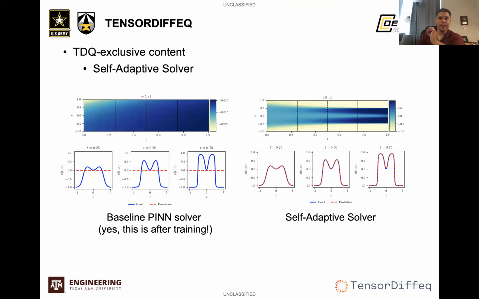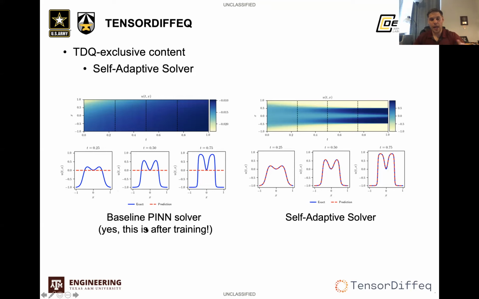So that residual is weighted by a certain amount, and as the training progresses, those weights are updated, and that allows the neural network to more accurately approximate a solution, because the weights are driven by the magnitude of the residual. So if there's a high residual at a certain point, the weight will also increase, and it'll drive that residual down. That is basically the premise of the self-adaptive solver.